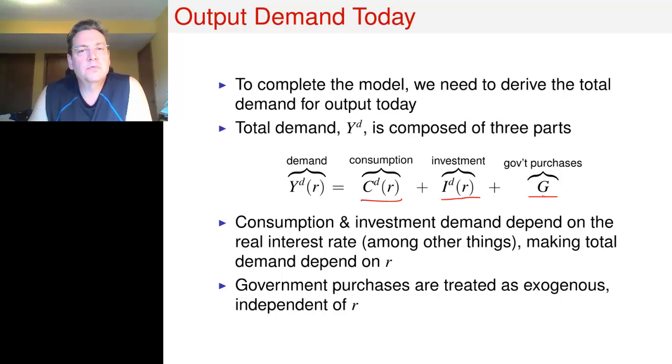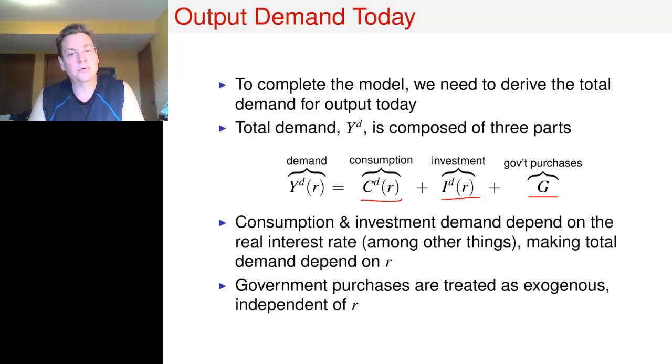So the total quantity of goods today ends up getting split among these three different agents: consumers, firms, and the government. This is an economy where there's no foreign sector, so we don't have to worry about whether we can get any goods from overseas or whether anybody overseas is buying our goods.